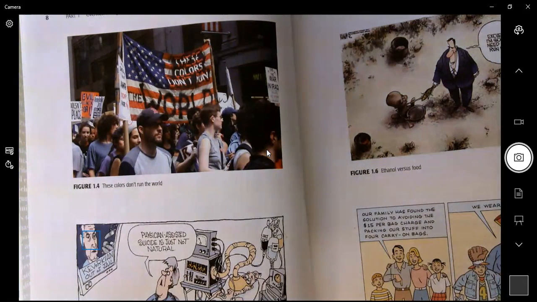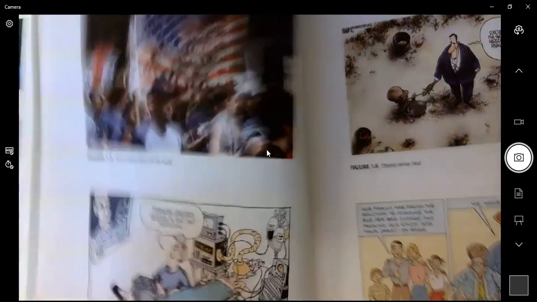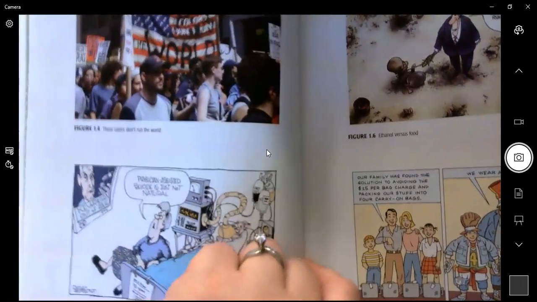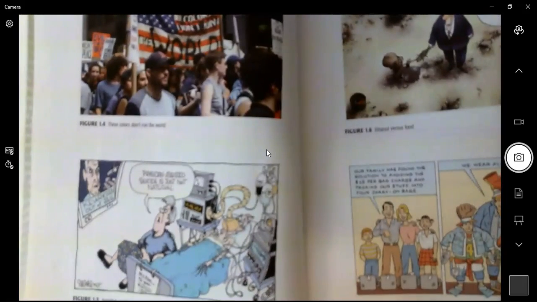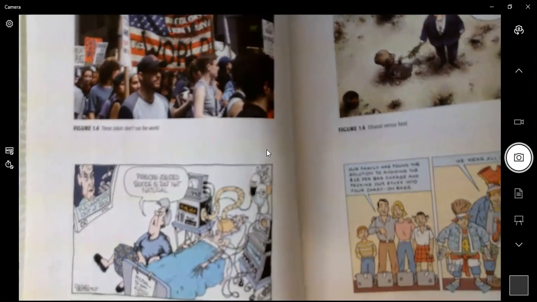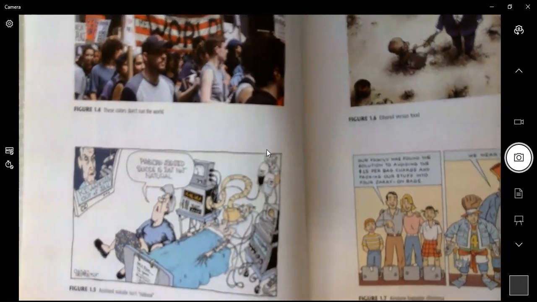All right. Figure 1-3. Dr. Jack Kevorkian, also known as Dr. Death, was a looming figure in the late 90s and early 2000s. He was a physician who assisted with the suicide of his patients and was put in jail.